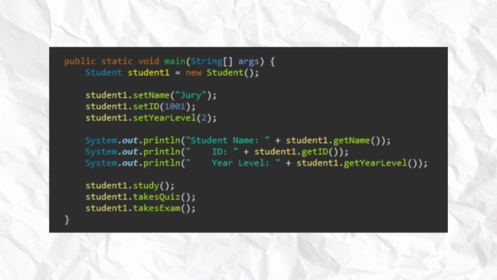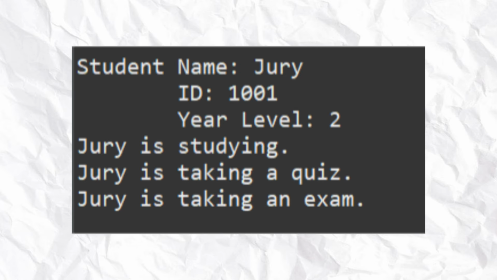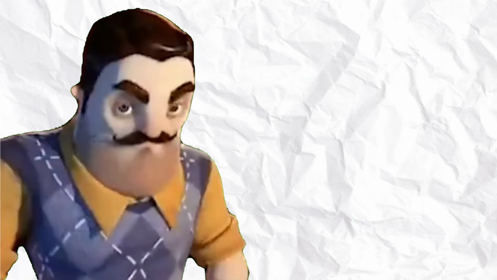Unlike getters, setters don't need the return keyword at all. To see this in action, this is a sample code in our main method. And finally, this is the output in our console.